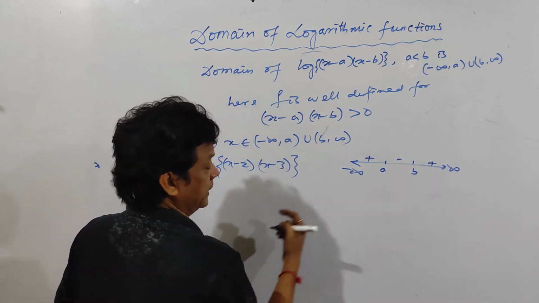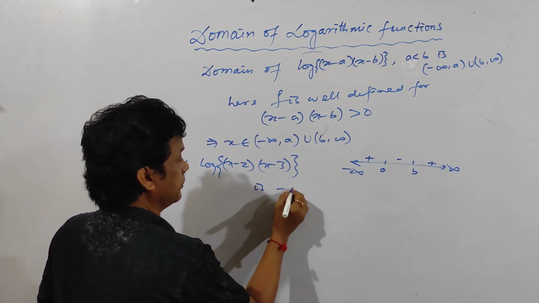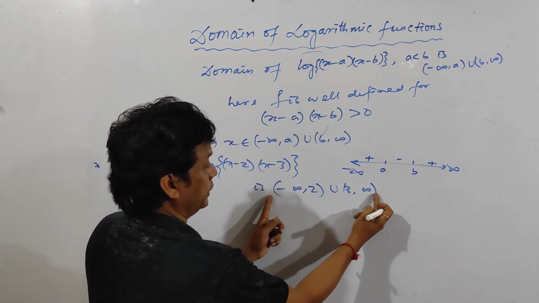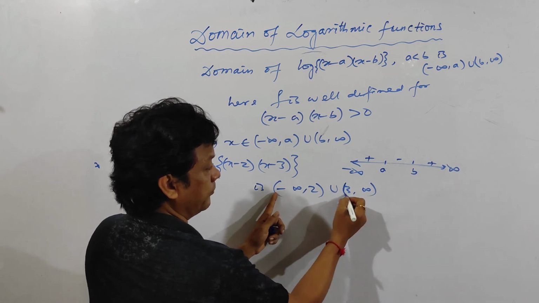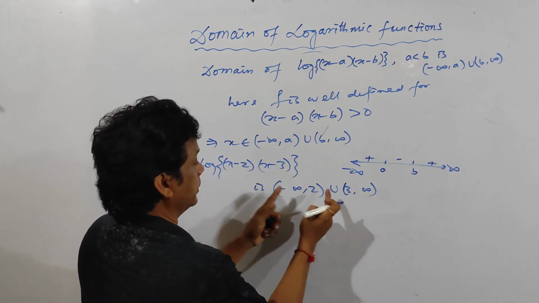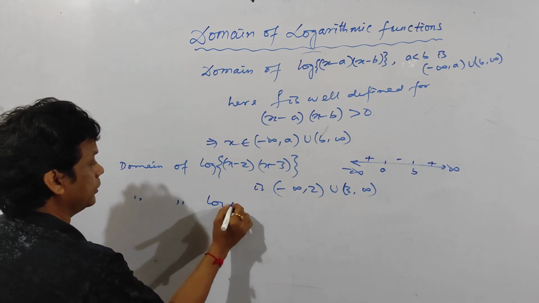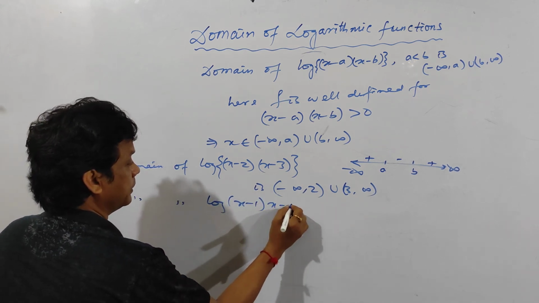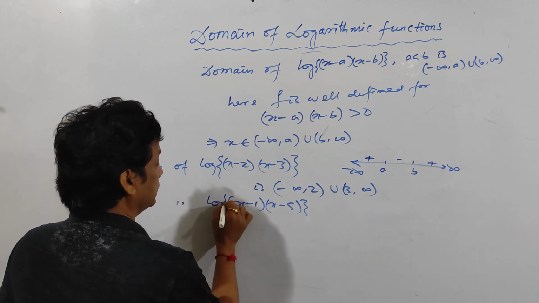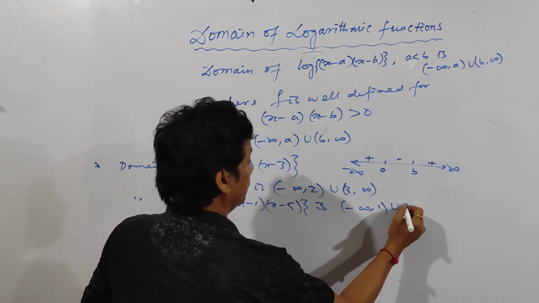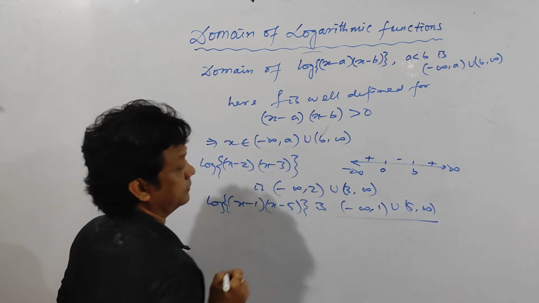So simply it is minus infinity to 2, union 3 to infinity. Both the ends will be minus infinity and plus infinity, with the smaller one and the larger one. That's all. Similarly, log of x minus 1, x minus 5 is minus infinity to 1, union 5 to infinity. So this is the answer.